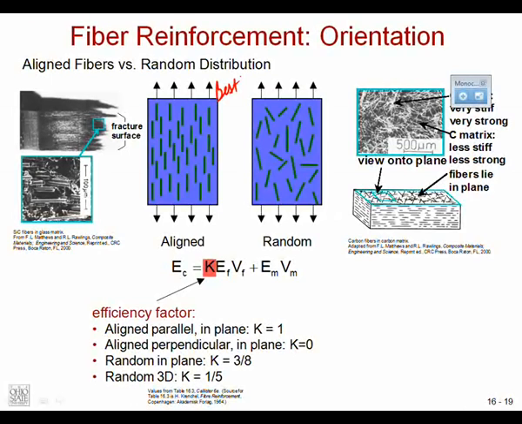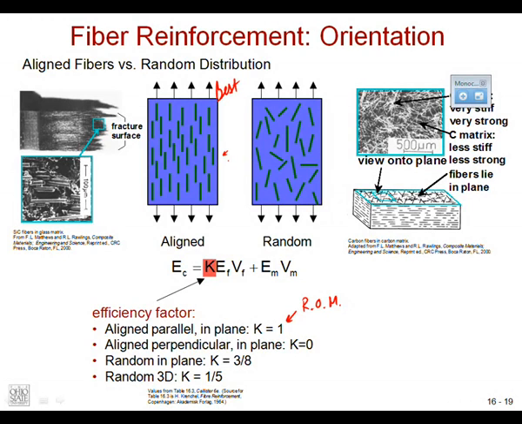So here, for k equals 1, that was the rule of mixtures equation. Okay, so here's a modified rule of mixtures with this k, this efficiency factor, which basically says how efficiently are we using those fibers. Most efficient, right here. Okay?